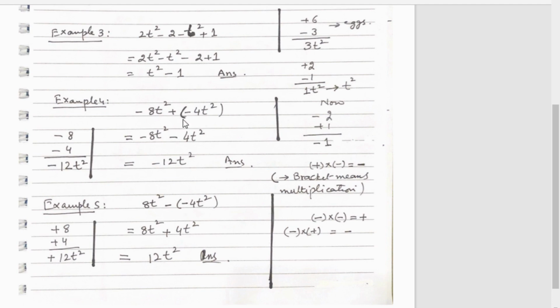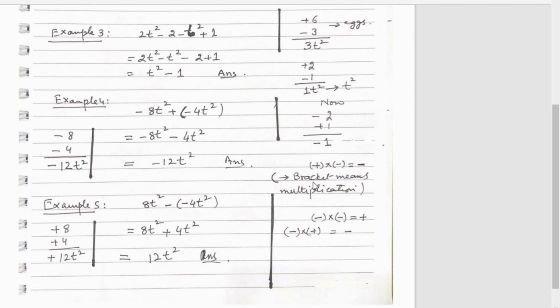As I have told you before, bracket means multiplication. In my lessons I will say plus into minus; I always call multiplication "into". Sometimes if I don't mention that bracket means multiplication, you should note this down in your diaries. Bracket means multiplication. Now plus into minus is minus.